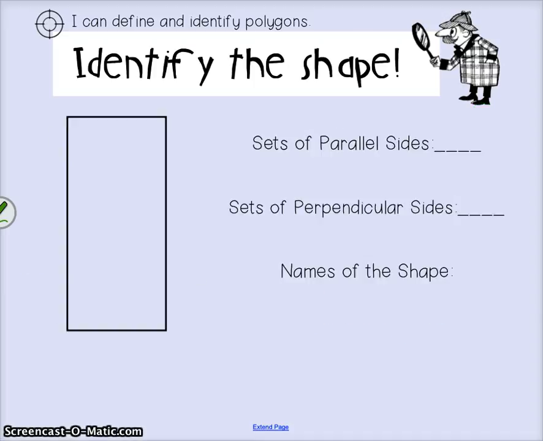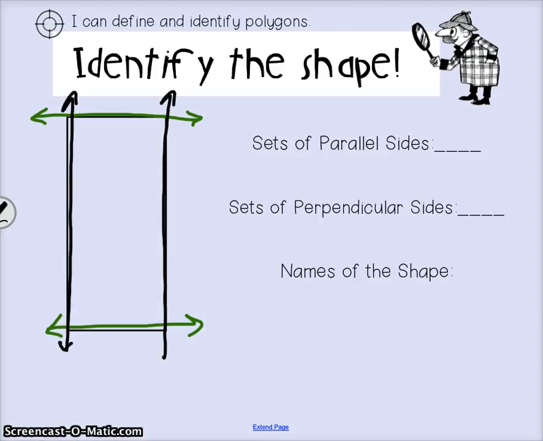Nice job. What about this one? Sets of parallel sides. 1, 2, that's 1 set. Here's another set. That's 2 sets of parallel sides. What about perpendicular sides? 1, 2, 3, 4 sets of perpendicular sides.